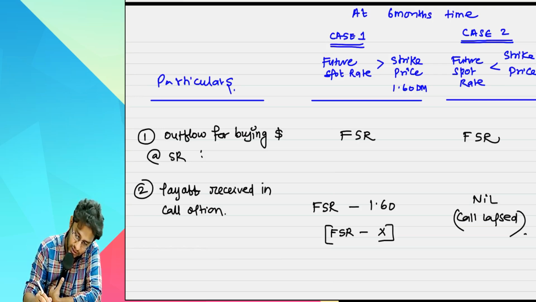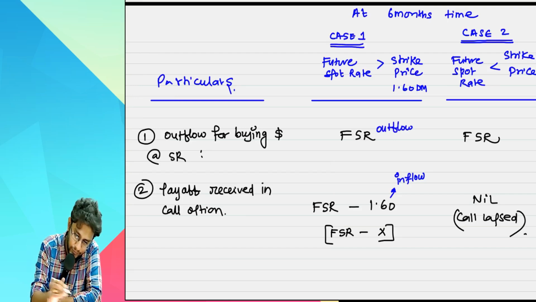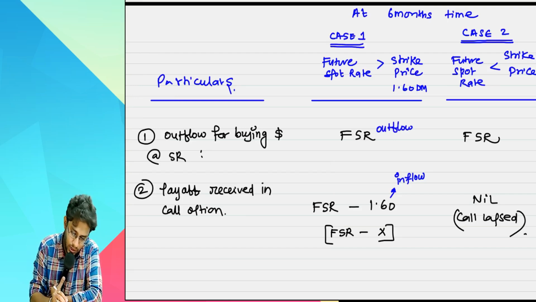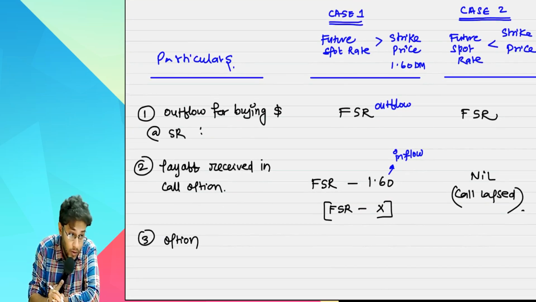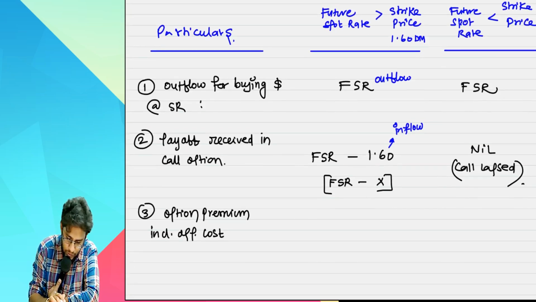Correctly, what you have to understand is this is an inflow, this is an outflow. I'm also merging the premium also. Option premium including opportunity cost. How much did you pay?